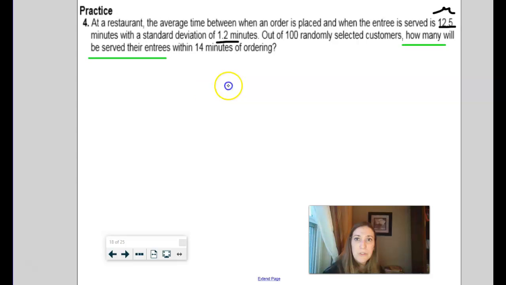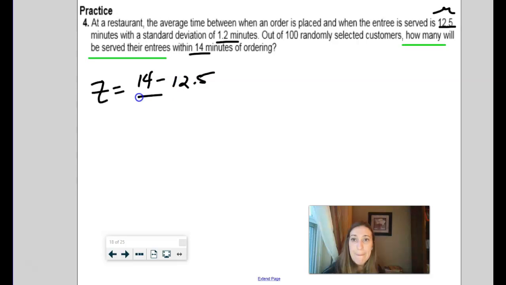So if I wanted to standardize this, which I sure could, 14 minutes would be the statistic. The mean is 12.5, and the standard deviation is 1.2. You know, I really need students near me so they can tell me what dumb things I'm doing at all times.